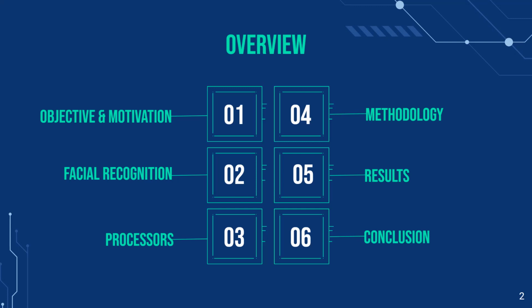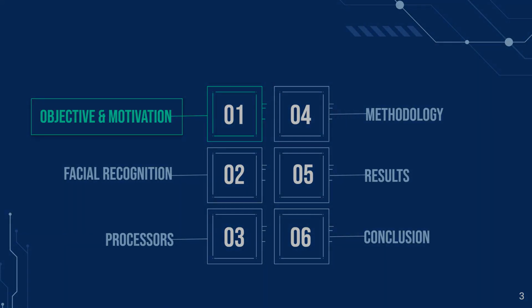And then we'll talk a little bit about our methodology, the data set that we used, what we did to get the results that we wanted, as well as what type of results we were trying to look for and get. Then we'll talk about our results, and finally we'll end up with a conclusion.